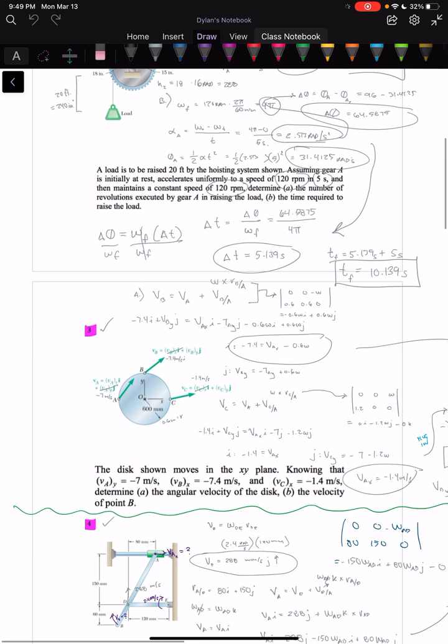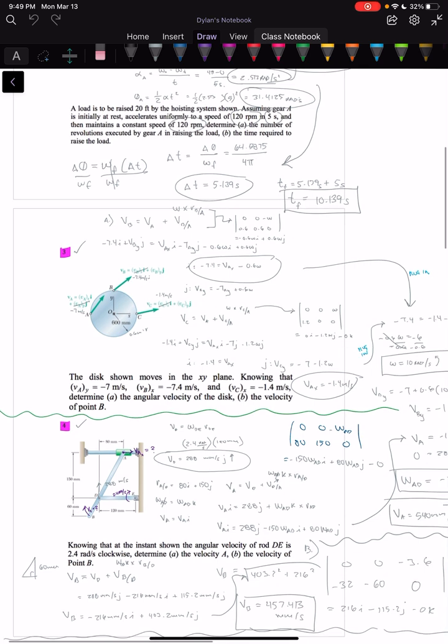Number 3, these ones I'm understanding a lot better. Basically we have our standard formula where we have an instantaneous center, and then that basically goes to 0, or I guess that would be a no-slip equation, which is below.